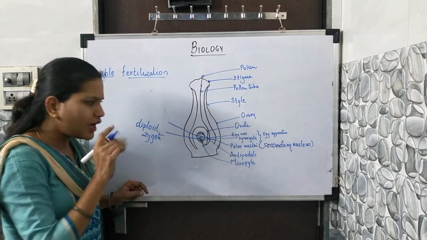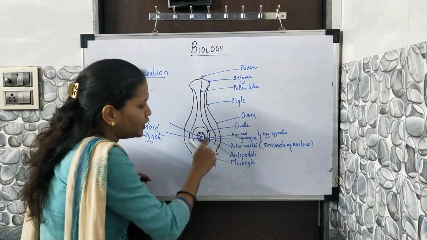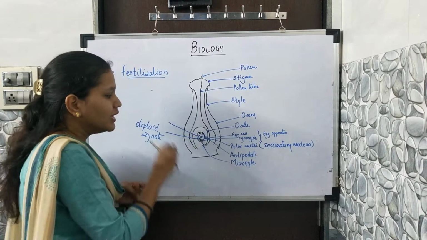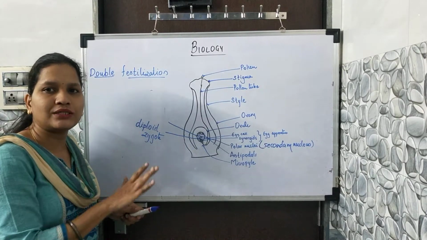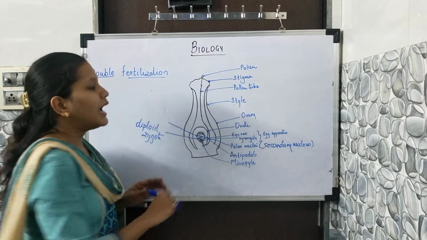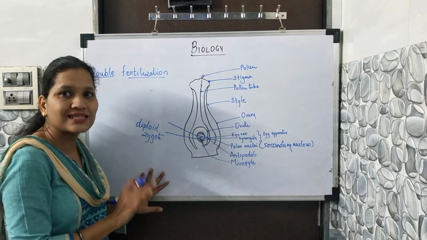As you can see, if the pollen tube gets inside, it ensures that fertilization is going to take place. This phenomenon is called siphonogamy, and the whole process is called syngamy.